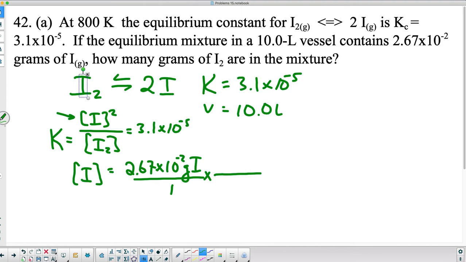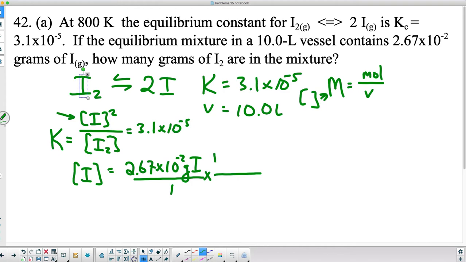The reason I can do that is these brackets mean molarity. Molarity means moles per volume, or moles per liter. So I'm going to use that equation, molarity equals moles per volume, and we have the volume right here, to find the concentration of I.